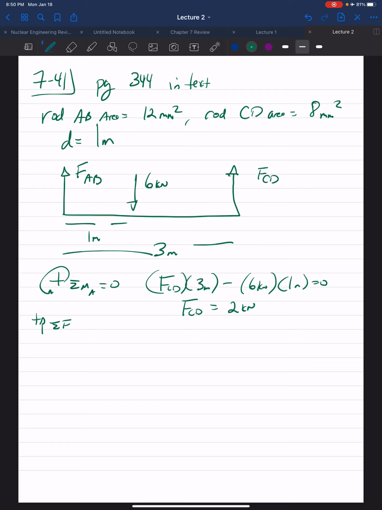Take the sum of my forces in the y direction equals 0. You have your FAB minus your 6 kilonewtons plus your 2 kilonewtons equals 0 for equilibrium. FAB is 4 kilonewtons.